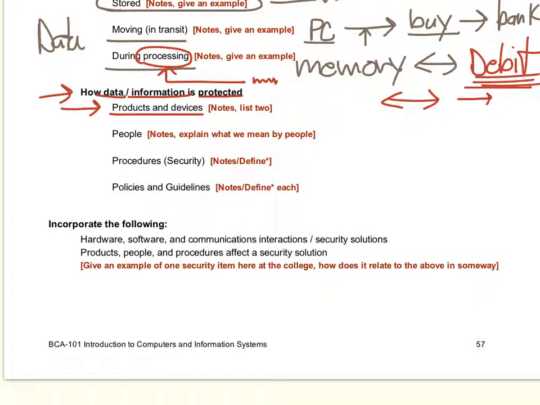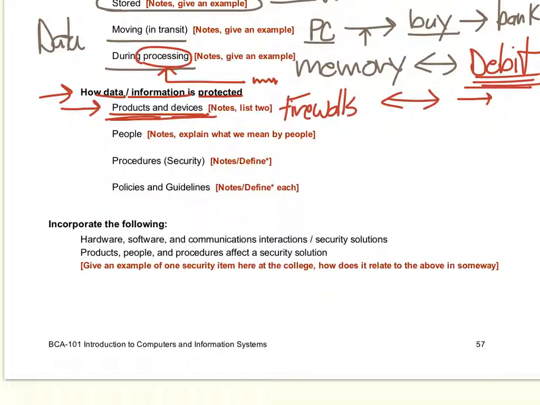That's just a real simple way to protect the device. Okay? Products: virus software, firewalls. We can have passwords and so forth. There's all kinds of products and different types of devices that can be used to protect data.